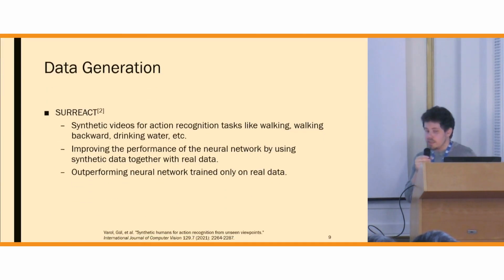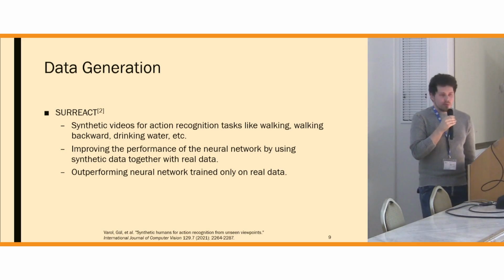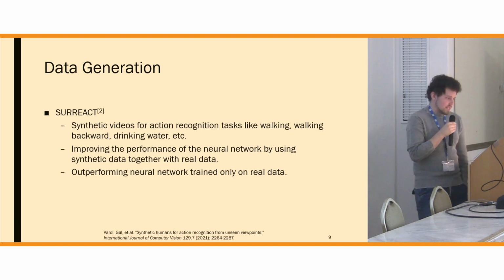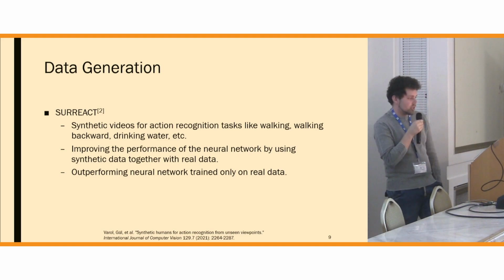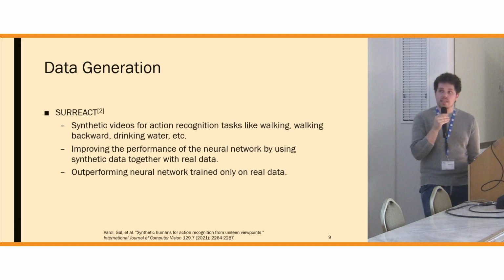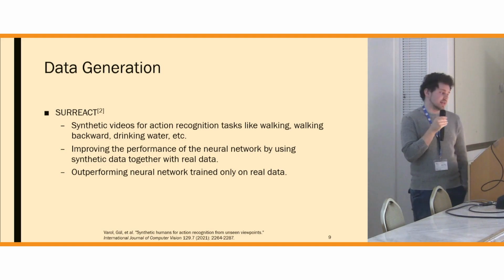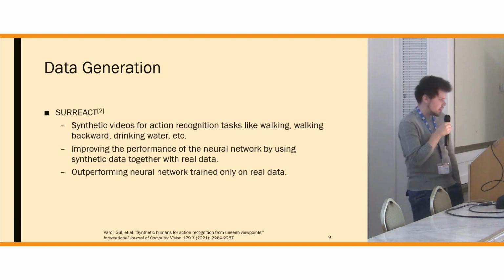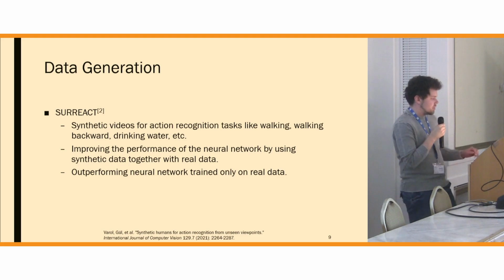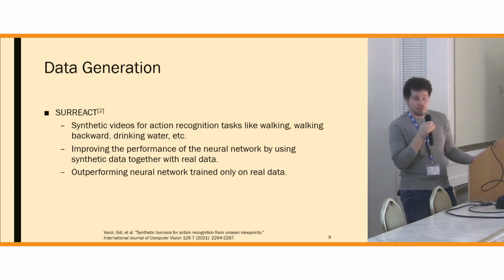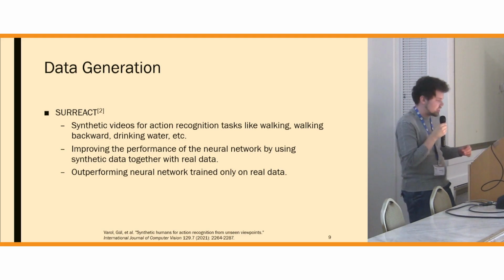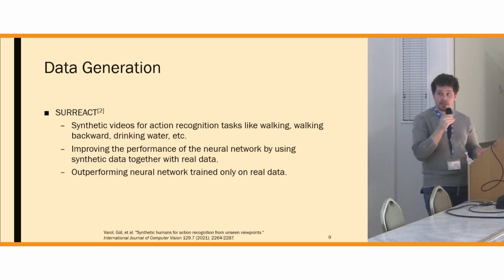To generate synthetic data, we used a data generator called SURREACT. Originally, it was used to generate synthetic videos for action recognition tasks. Experiments in their work show that using synthetic data in combination with real data can improve the performance of a neural network. So we decided to extend the BodyM dataset and adjust SURREACT's framework to our needs.